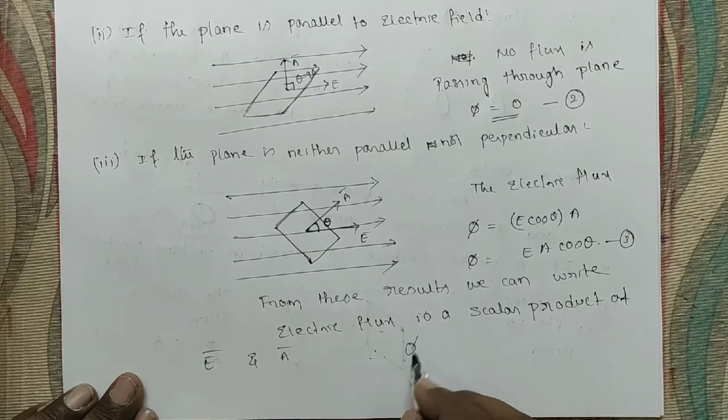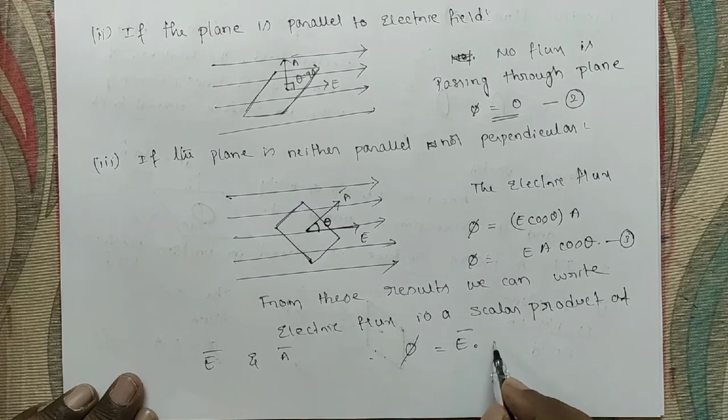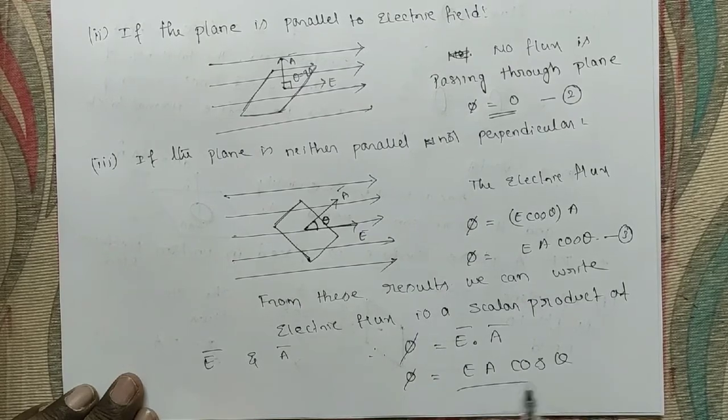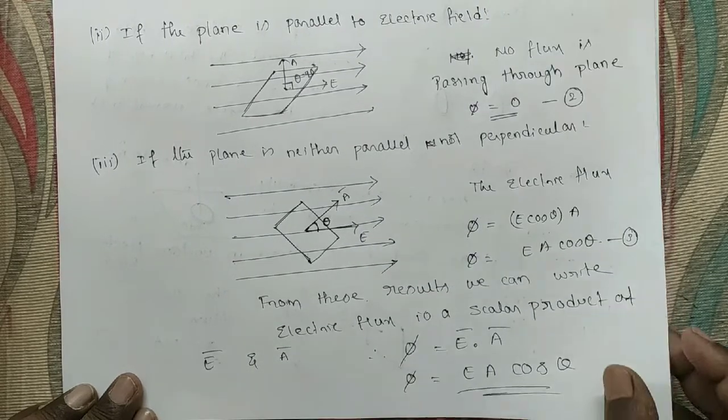Therefore, flux phi equals E bar dot A bar, or else phi equals EA cos theta. So this is the electric flux.